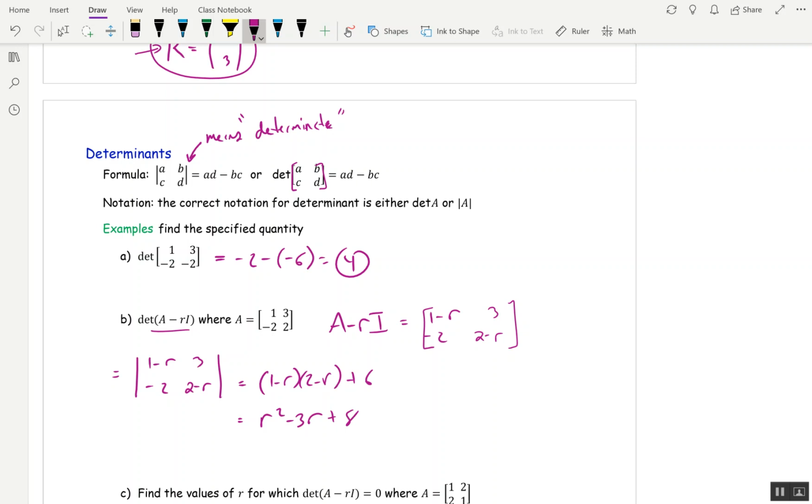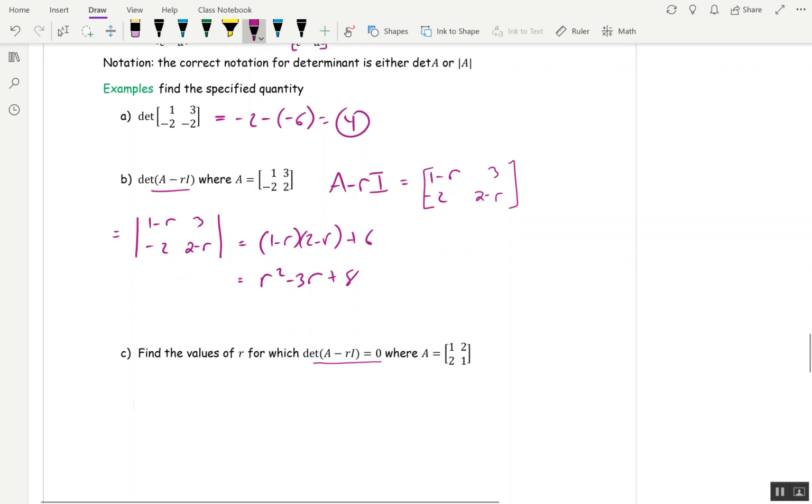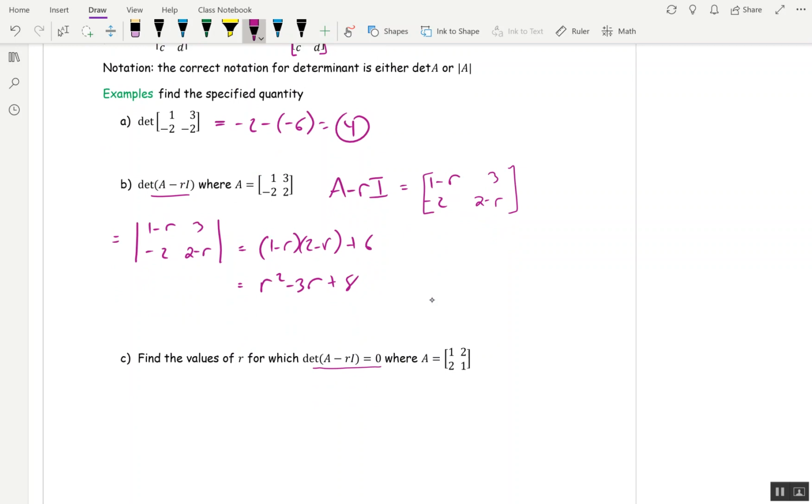Okay, let's take it a step further. In section 9.5, we're not only going to find the determinant of A minus Ri, but we'll be setting it equal to 0 and solving. So we're going to take step B one step further. Here I have a different matrix. Find the values for which the determinant of A minus Ri equals 0.